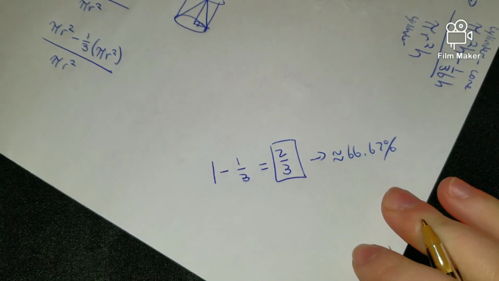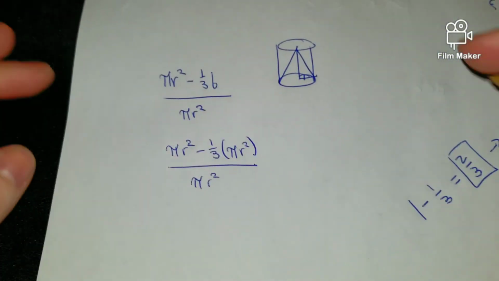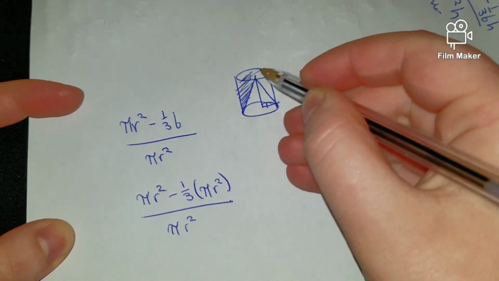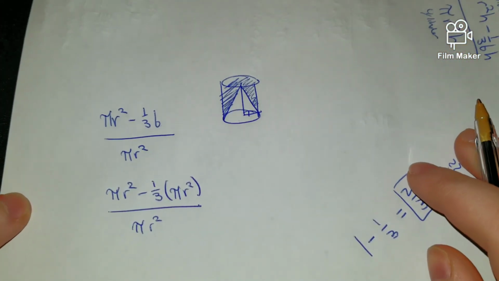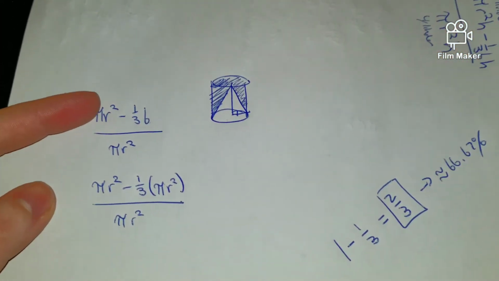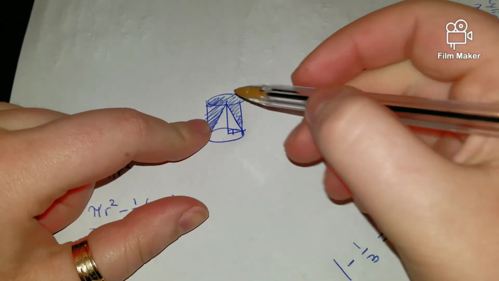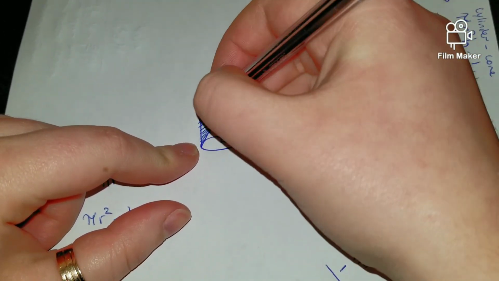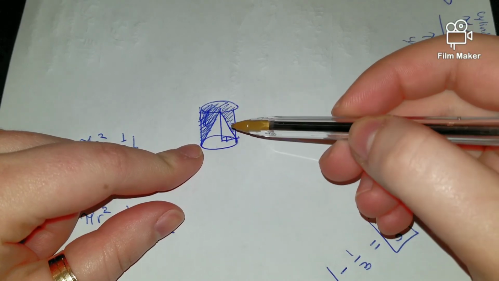This answer means that if we were to pick a point from the entire cylinder, you have a 66.67% probability of choosing a point in this shaded region that is not in the cone.